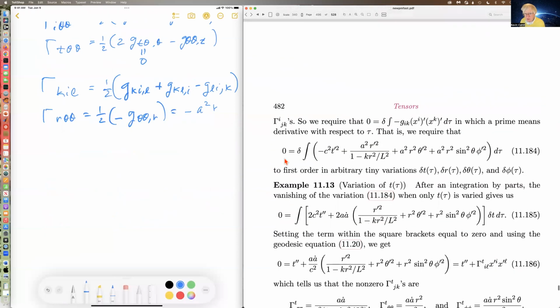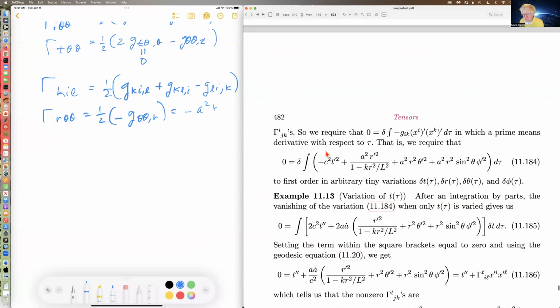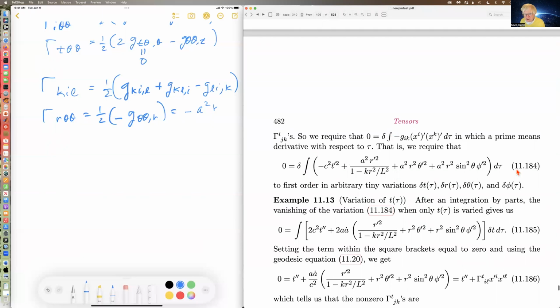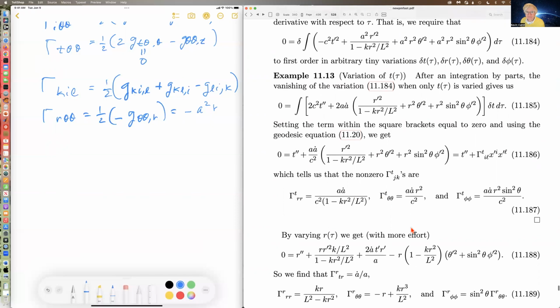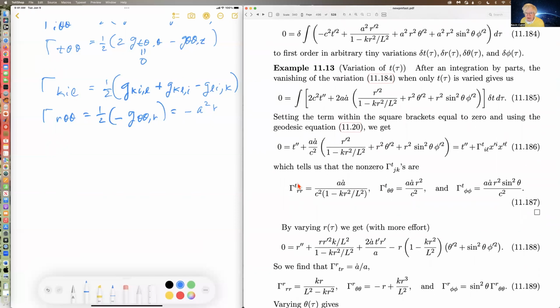If you do that, what you're saying is that the variation of the action of a falling object is 0, and you do small changes of these parameters, and one then finds that in particular, this thing here is related to gamma t R R, and similarly, this one is related to gamma t theta theta and gamma t phi phi.